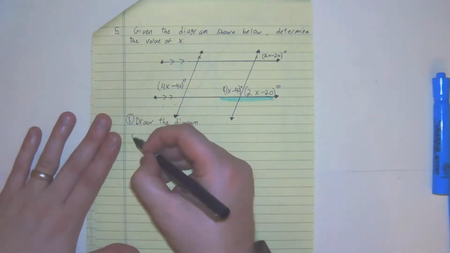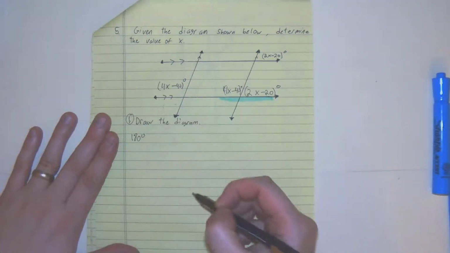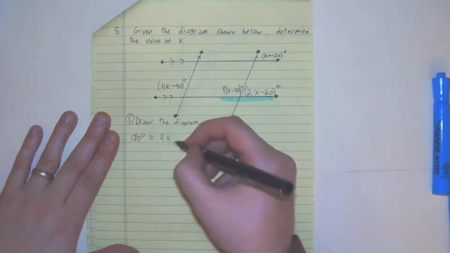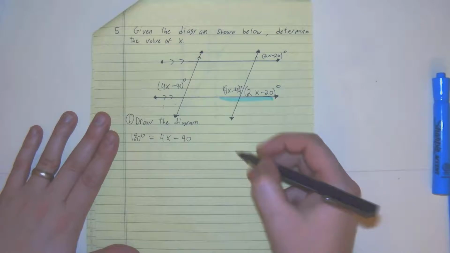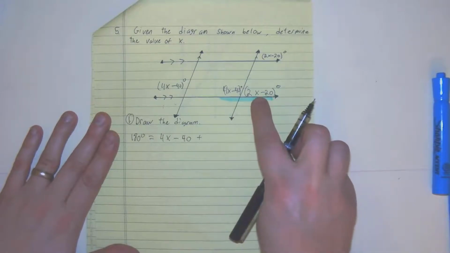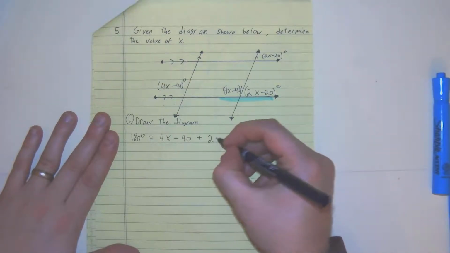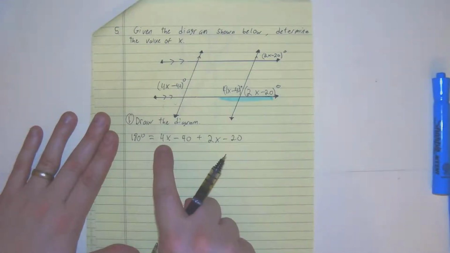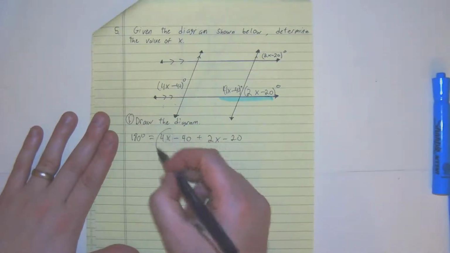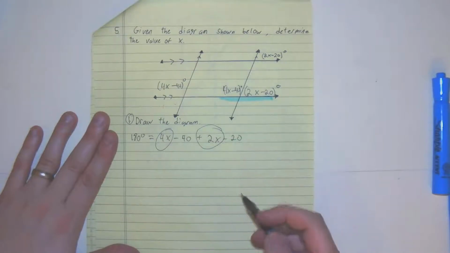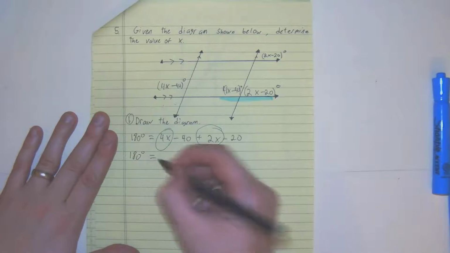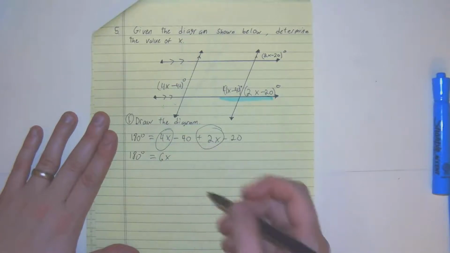So we have 180 degrees is equal to 4x minus 40, and then we're going to add it to the quantity of 2x minus 20. Combine like terms, so I'm going to add 4x and the positive 2x, so we get 180 is equal to 6x.